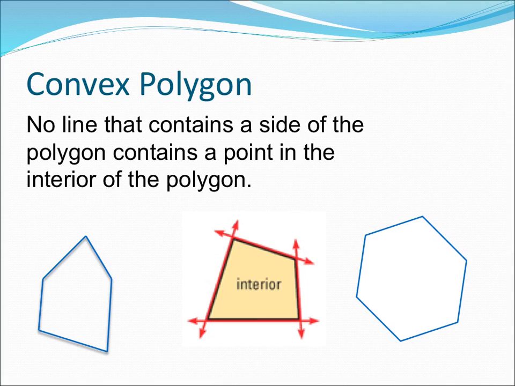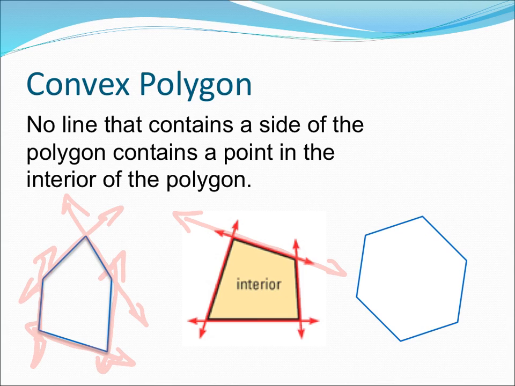So what I mean by that is, let's say I were to, like in this one in the middle, extend these lines. Notice the line does not go inside the polygon. Same thing on this one. If I were to extend these sides, notice that my line never goes inside my polygon. And I can do that with every single side here.